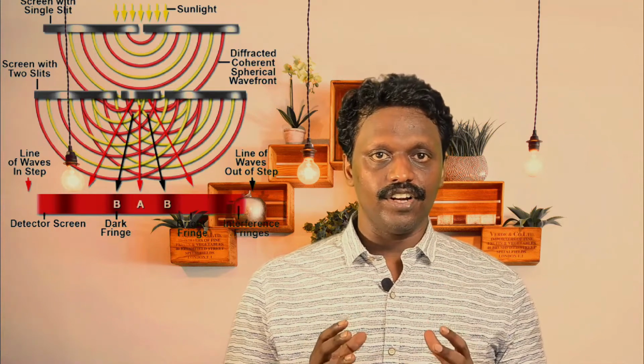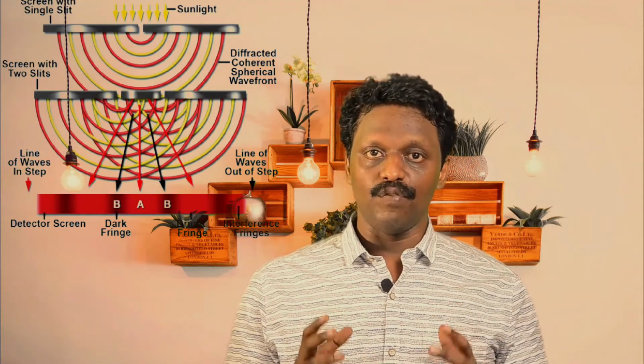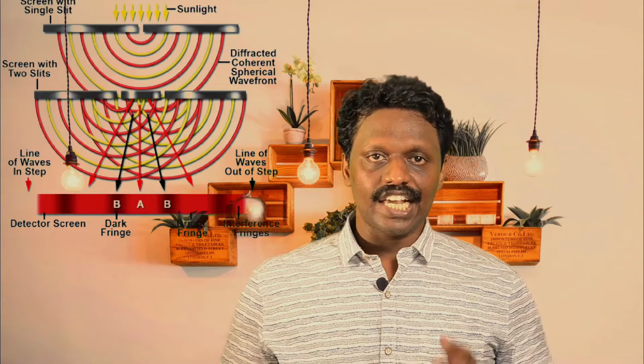A detector screen is placed in the region behind the slits to capture overlapped light rays that have passed through the twin slits, and a pattern of bright red and dark interference bands become visible on the screen. The key to this type of experiment is the mutual coherence of light diffracted from the two slits at the barrier.